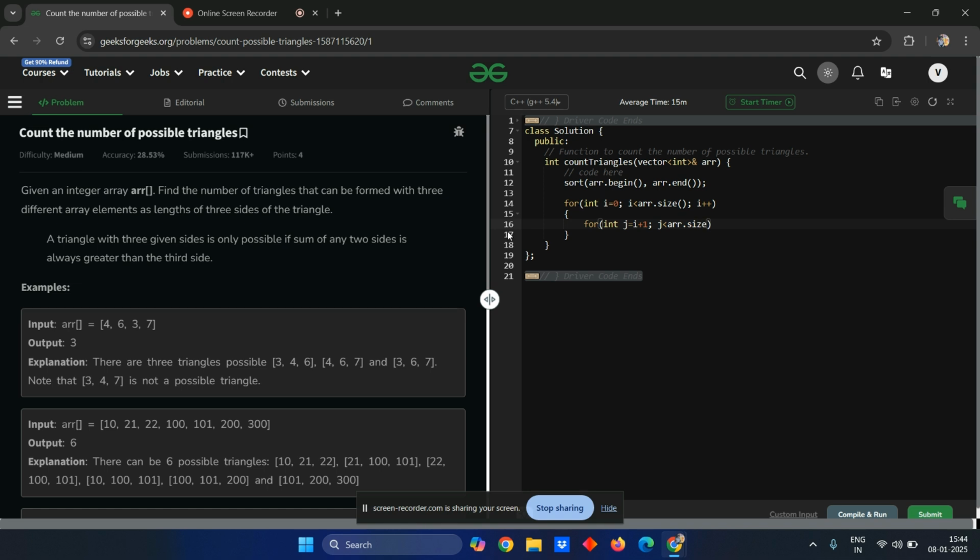After sorting it, I am declaring three variables: one placed at the first position, the second placed next to it, and the third at the next position.